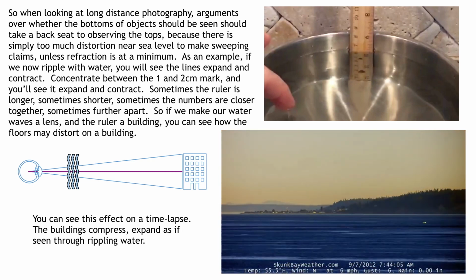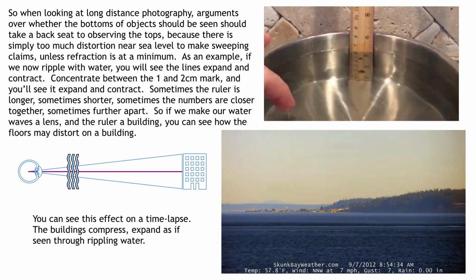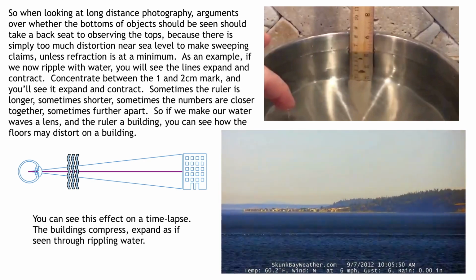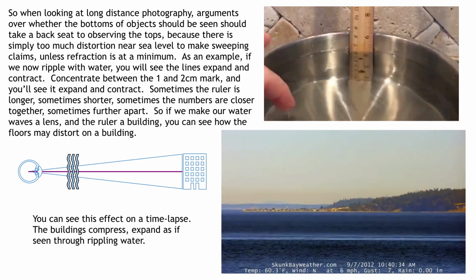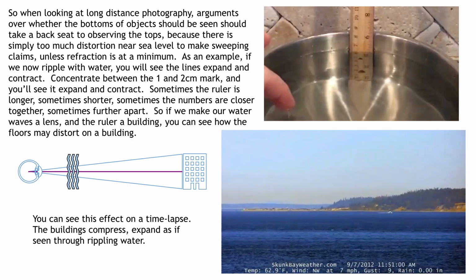So if you look at this Skunk Bay time-lapse video, pay particular attention to the water that's right next to the land, and watch how it rises and falls, and you see an inversion there briefly. But look at how compressed the buildings get, and then they decompress.